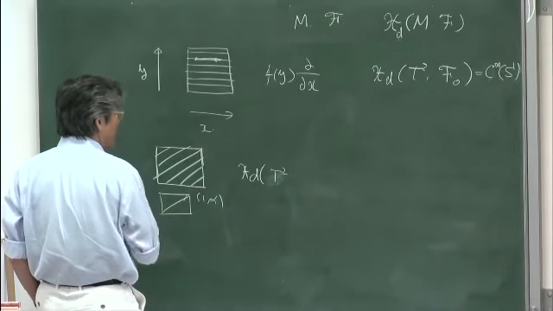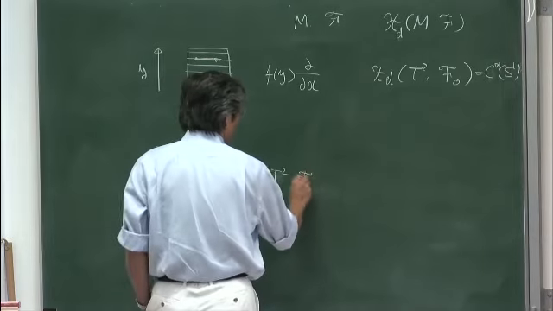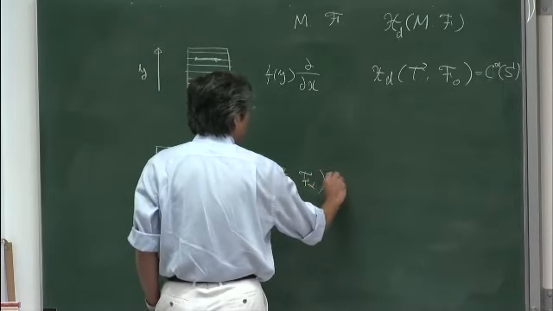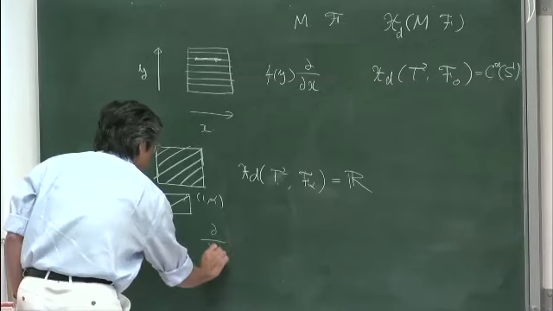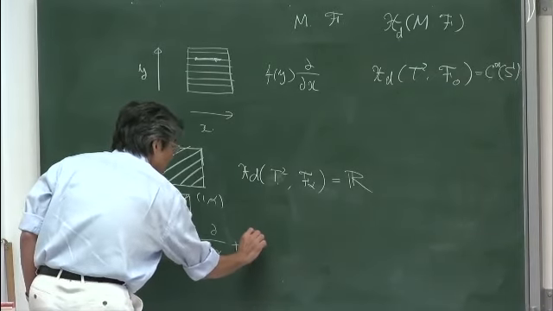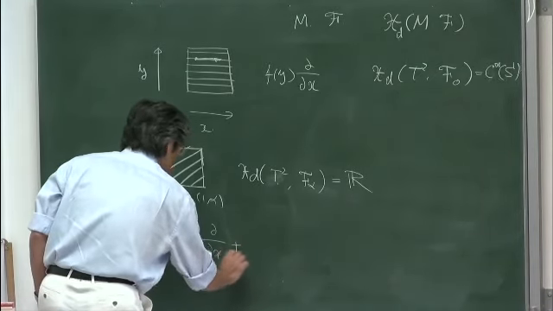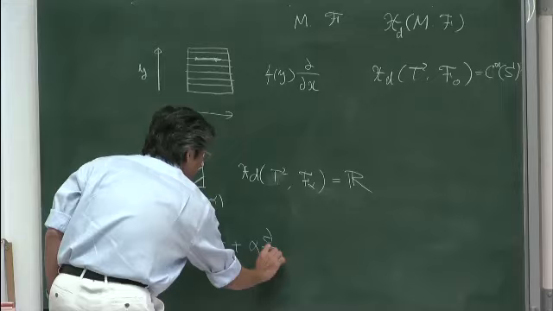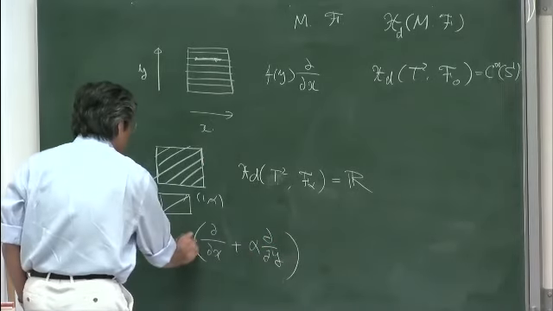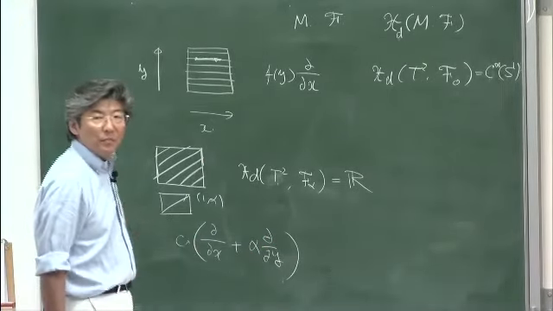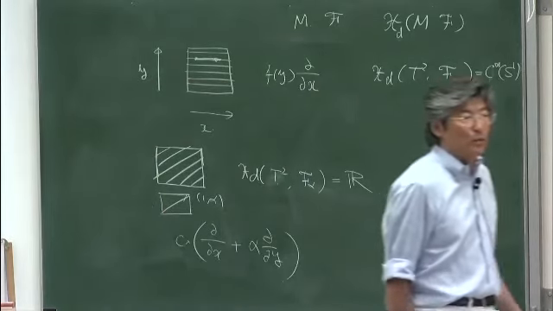So if alpha is irrational, let me call the foliation F alpha. The constant vector field is d/dx plus alpha times d/dy, and it's a constant times that. That's all. It's quite easy to see.